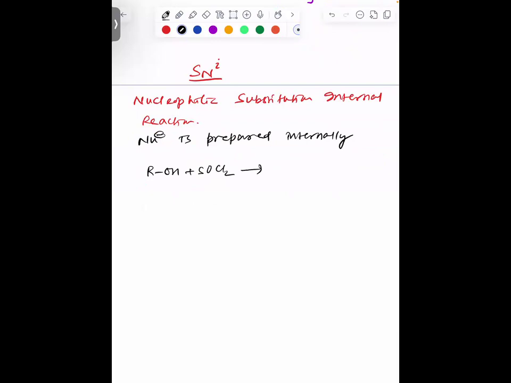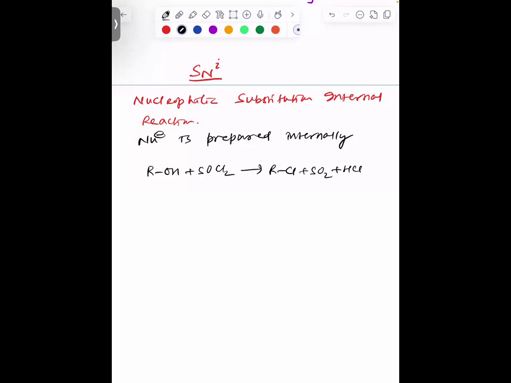Now, the products are SO2 and HCl along with haloalkane.